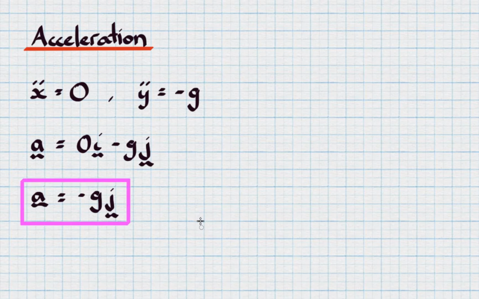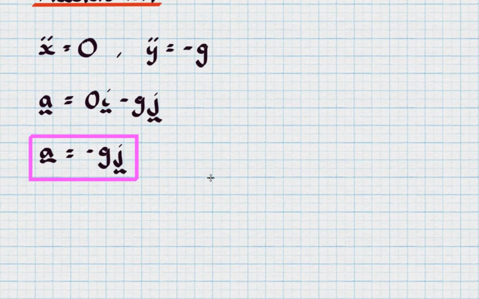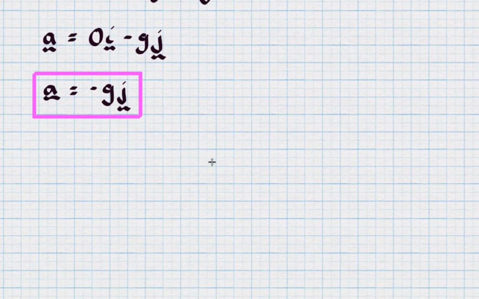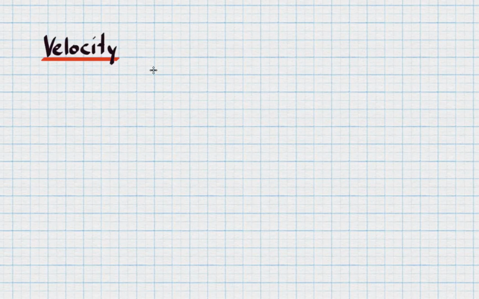Let's now use this to work our way towards an expression for the velocity vector of a projectile at any point during its motion. Since acceleration is the derivative with respect to time of velocity, then going the other way means that we can integrate acceleration to come up with velocity.